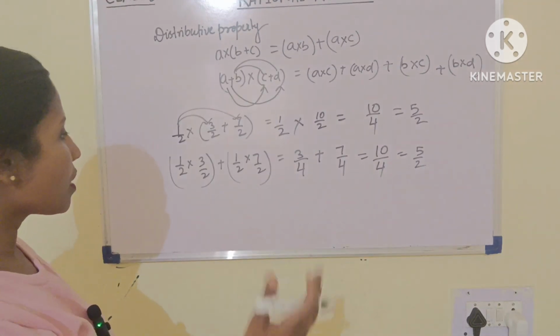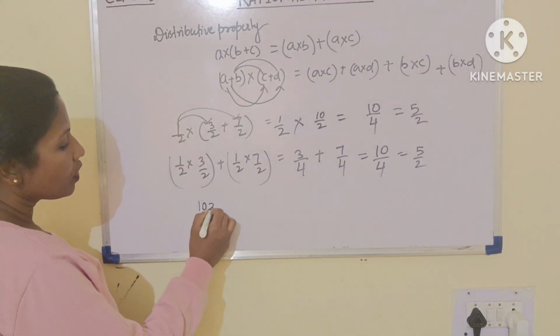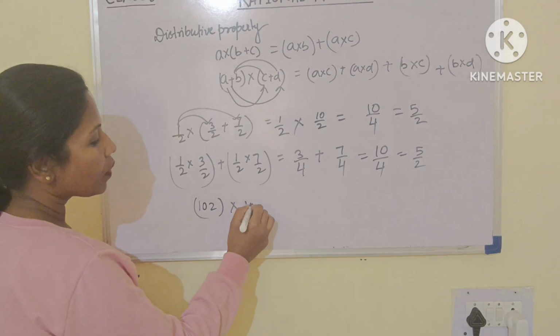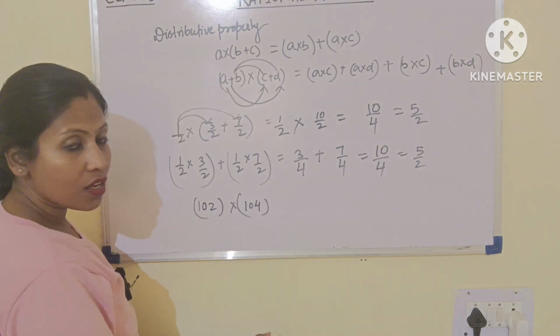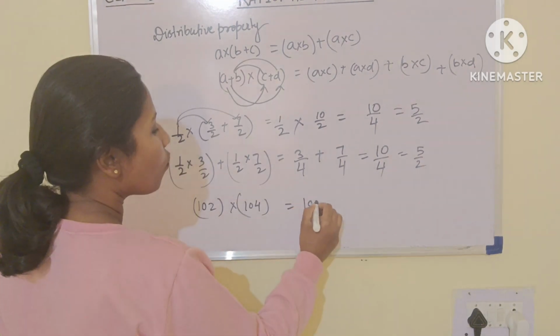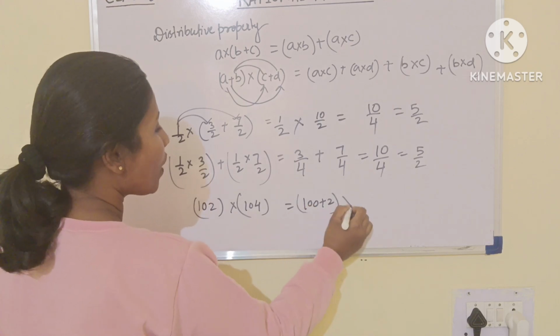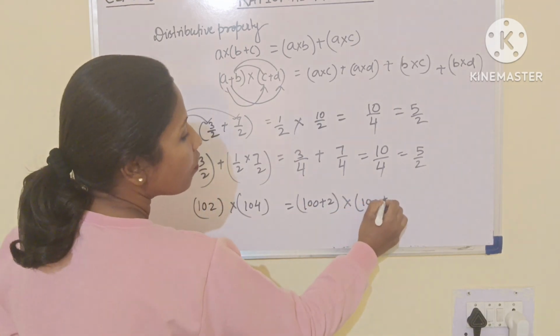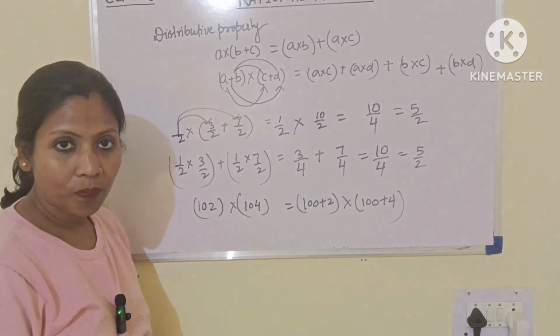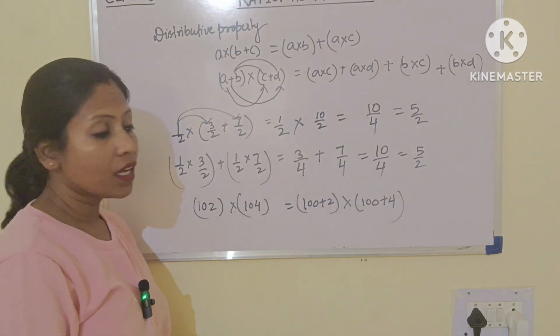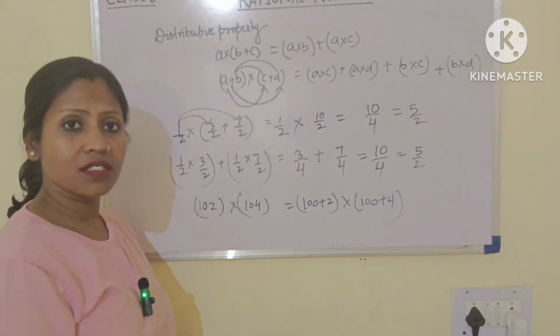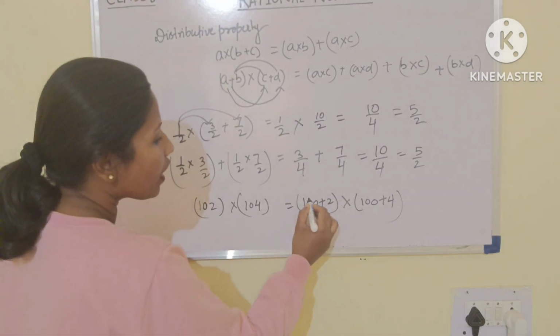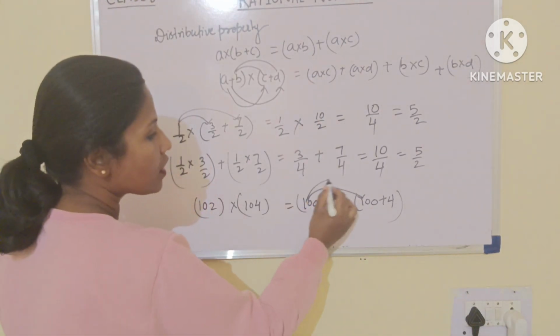Or in some cases you have to multiply 102 into 104. Here you can use 100 plus 2 into 100 plus 4. Now it's broken into smaller numbers, and the multiplication with 100 is very easy, right? So what you will do here, you will multiply this with this and this with this.